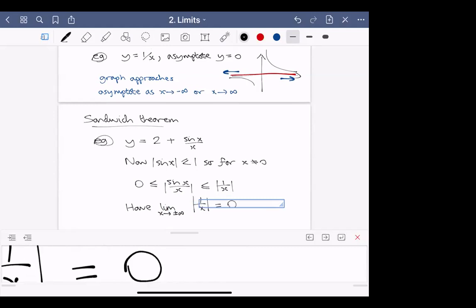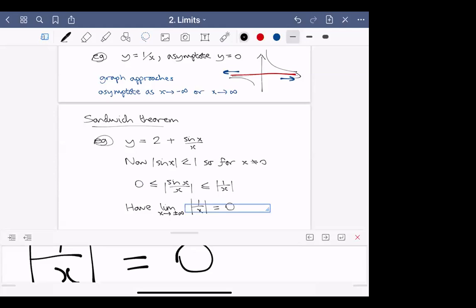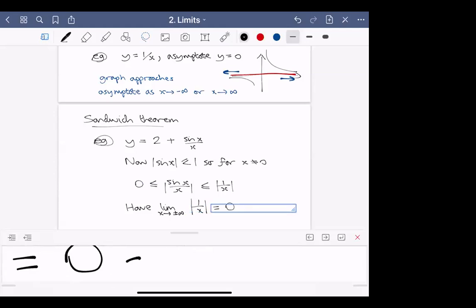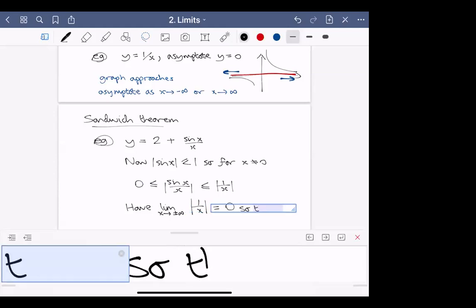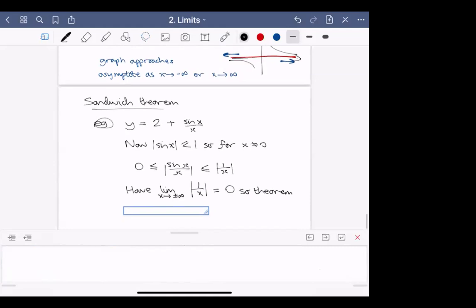So depending on the sign, this is either 1 over x or it's minus 1 over x. So in either case, we get that limit 0.